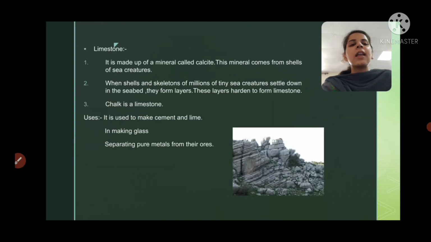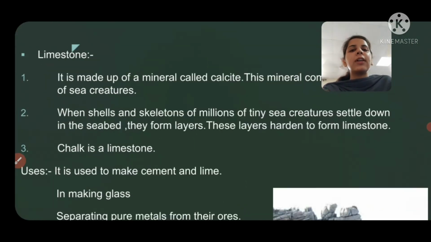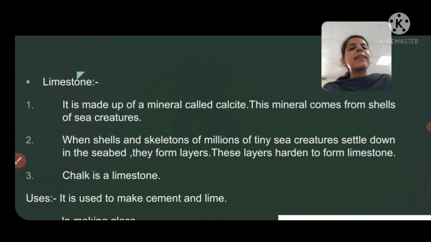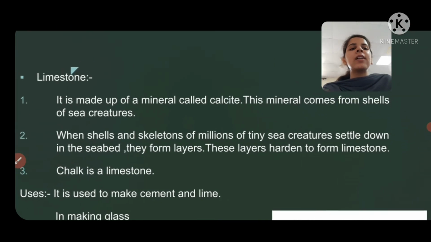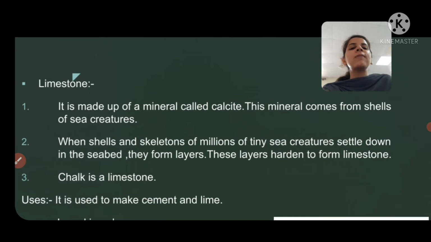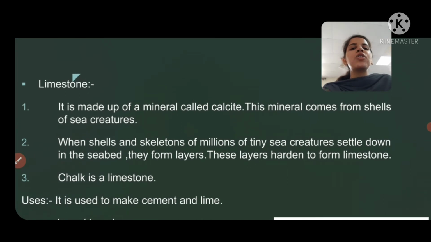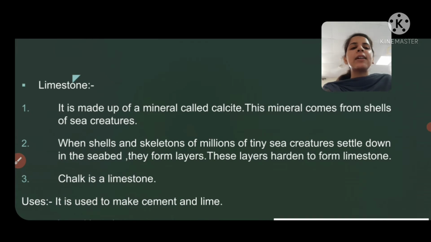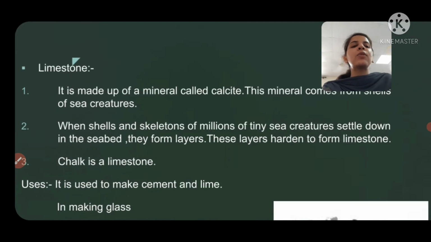Next one, limestone. So it is made up of a mineral called calcite, and this mineral comes from shells of sea creatures. When shells and skeletons of millions of tiny sea creatures settle down in the seabed, they form layers, and these layers harden to form limestone, right?